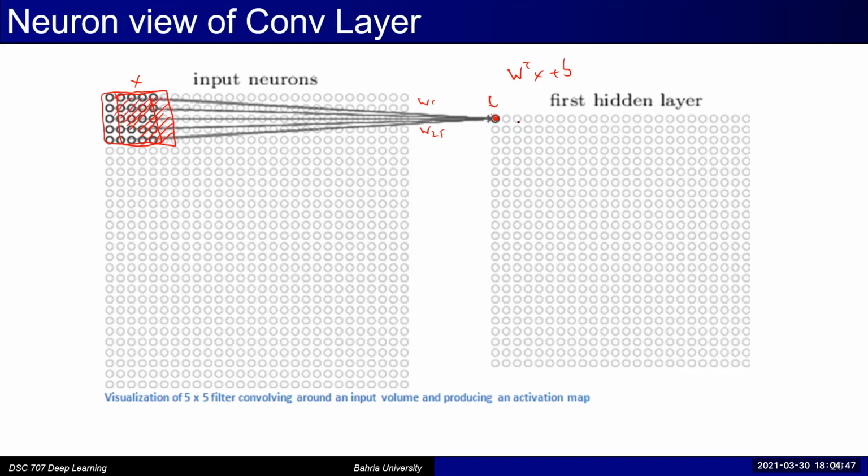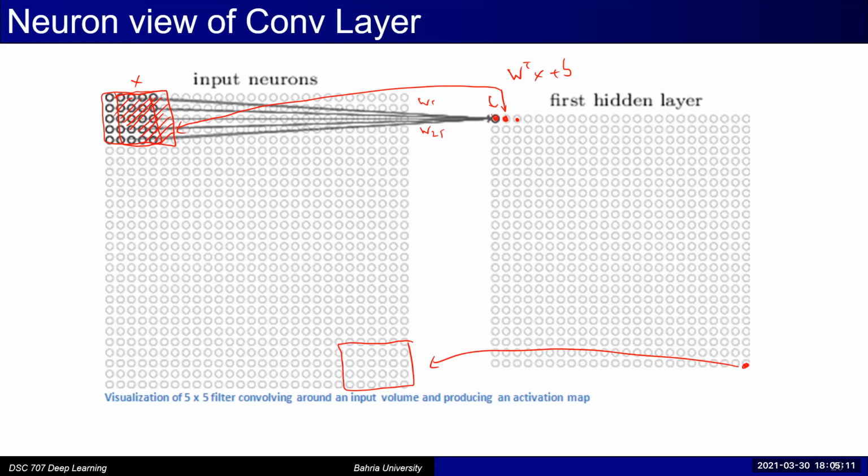So you can think that this second neuron is connected to this part of the image, right? And similarly, your third neuron is connected to the part of the image by sliding the window one position to the right. And similarly, maybe this last neuron is connected to this part of the region, right?